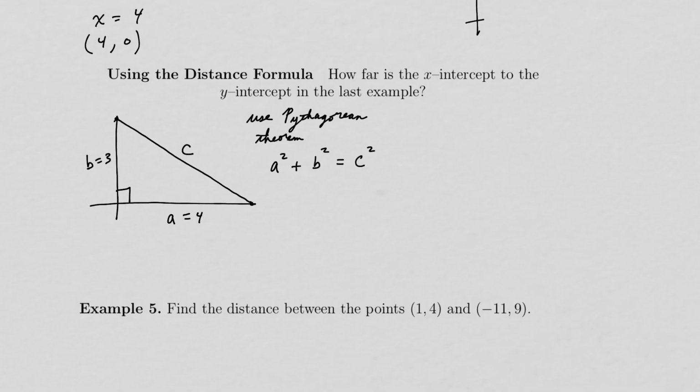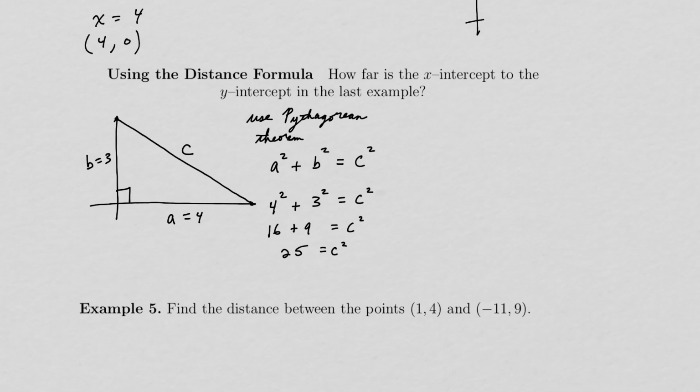So A squared plus B squared equals C squared. In our case, A is 4, so we have 4 squared plus B, which is 3, squared. That has to equal C squared. So this is 16, this is 9. 16 plus 9 is 25.